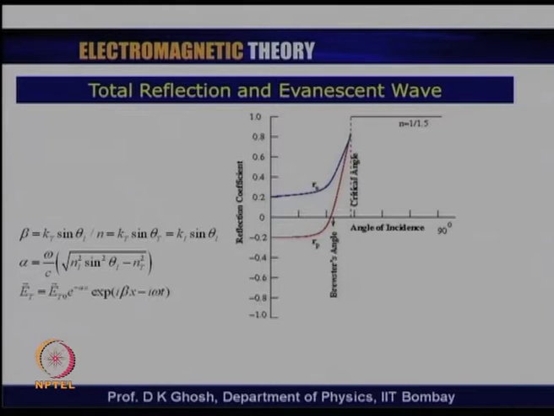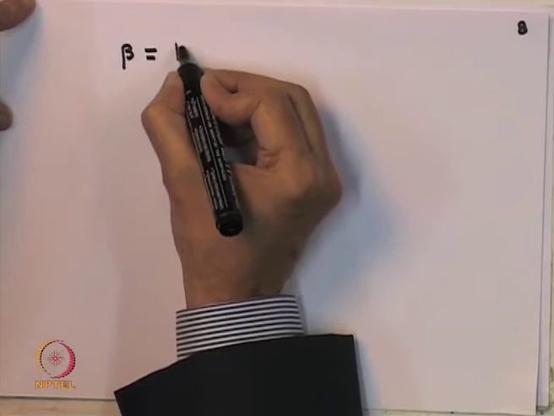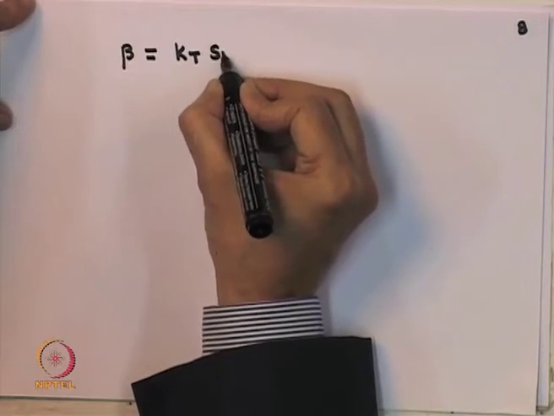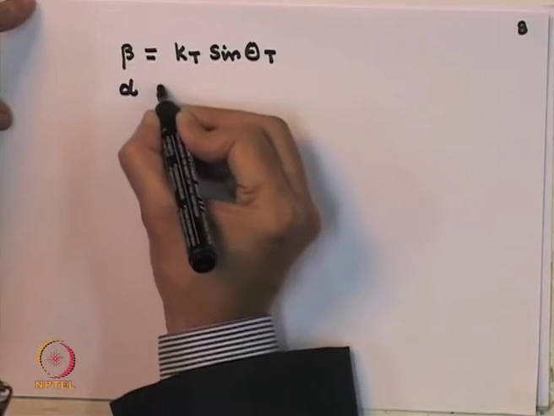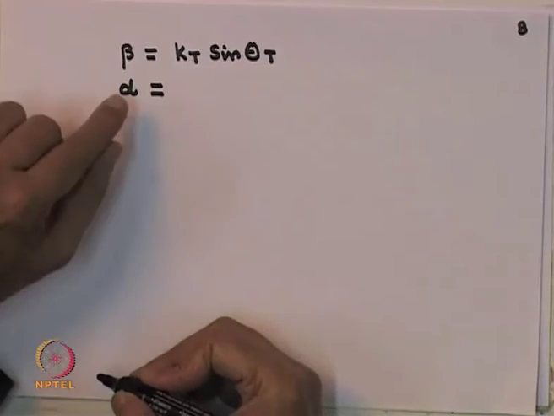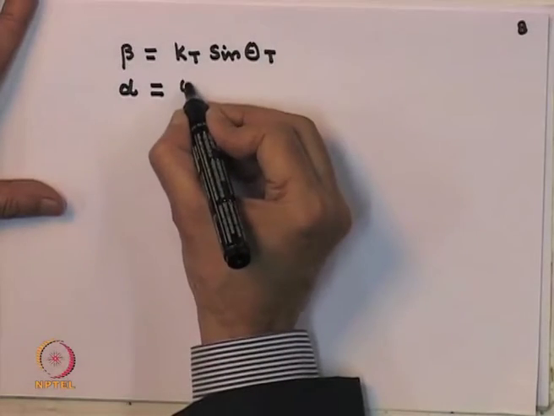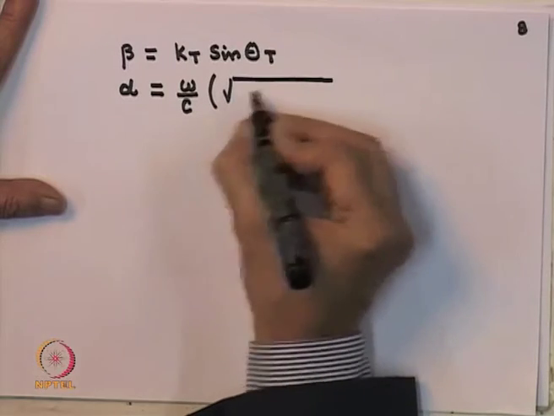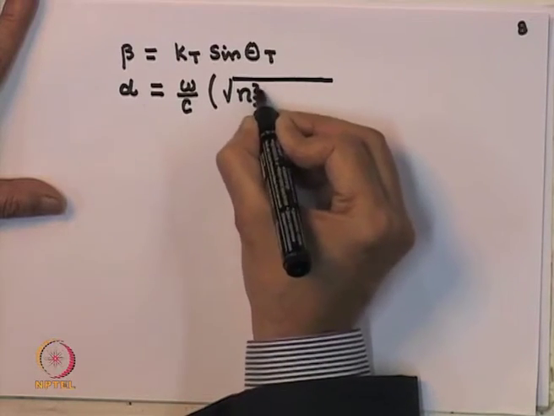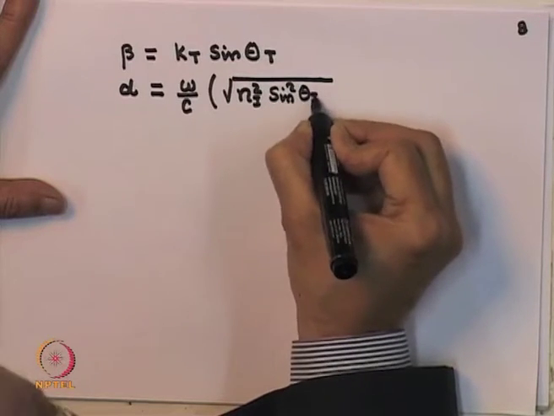We have a propagation vector beta, which is given by k t sine theta t, and we have an attenuation factor, or an absorption factor, alpha, which is given by omega over c root of n I square sine square theta I minus n t square.